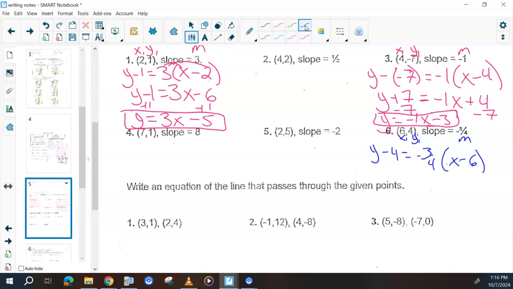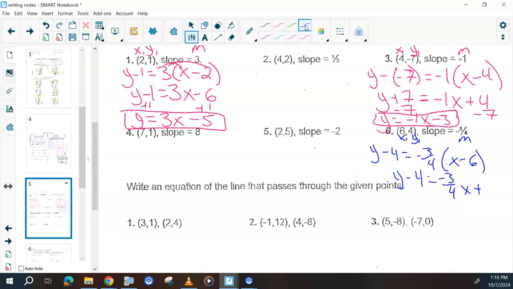Now when we distribute that negative 3/4, we're going to end up with a fraction, or 2, I should say. What would that fraction be? Multiply negative 3/4 and negative 6.